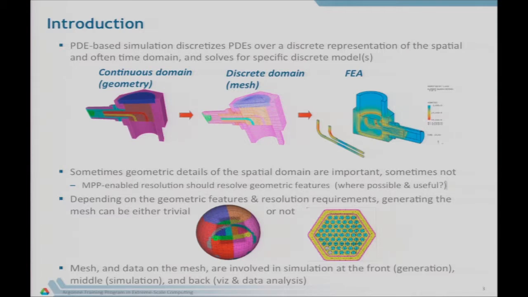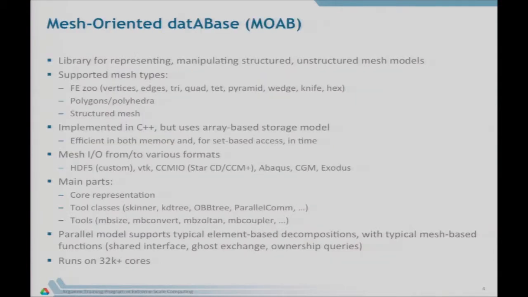Okay, so my primary purpose here today is to describe mesh in the context of the mesh library that I developed, which is named MOAB. And here's kind of my one-slide description of that. So MOAB's a library for representing and manipulating structured and unstructured mesh models.